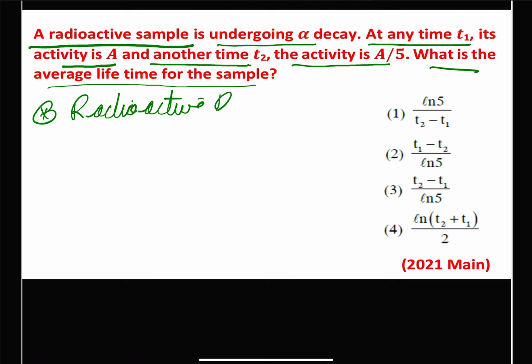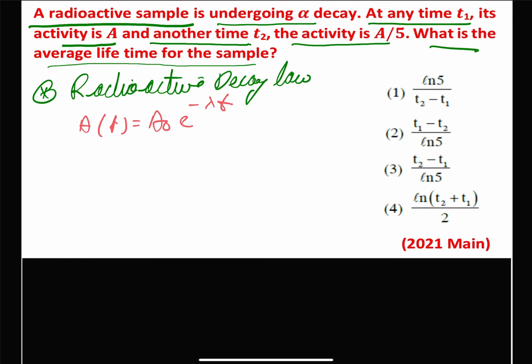We can write that A of t will be equal to A naught e raised to power minus lambda t, and we are having two different times and their respective activities.